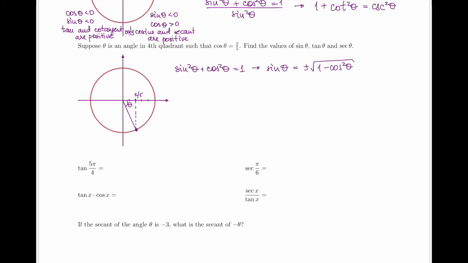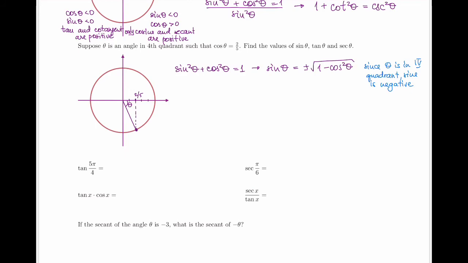However, I know that this angle lies in the fourth quadrant. Sine will be its y-coordinate, so it will correspond to the negative value here. Okay, so make a note here. Since theta is in the fourth quadrant, sine value is negative.